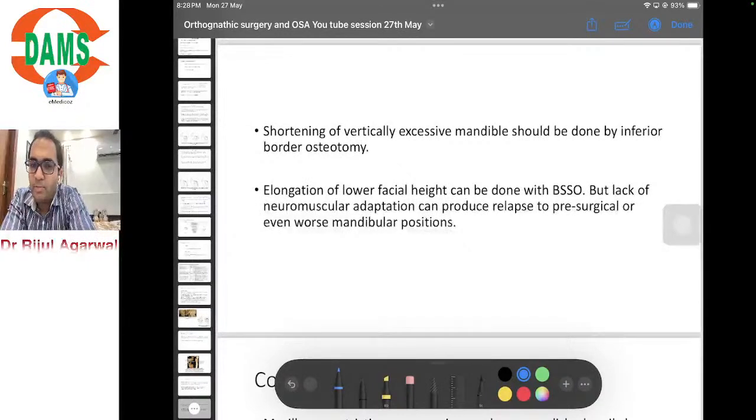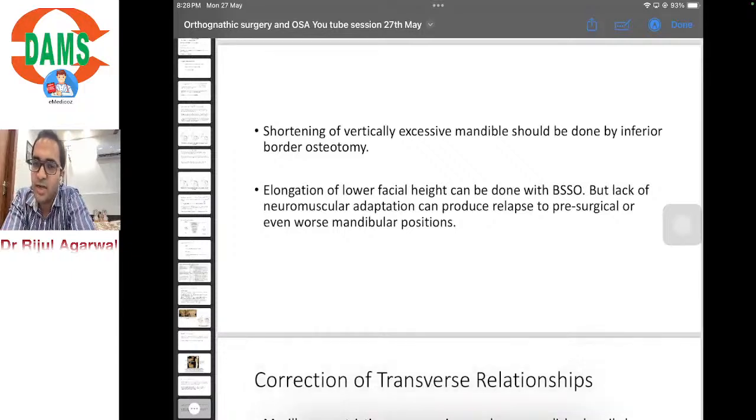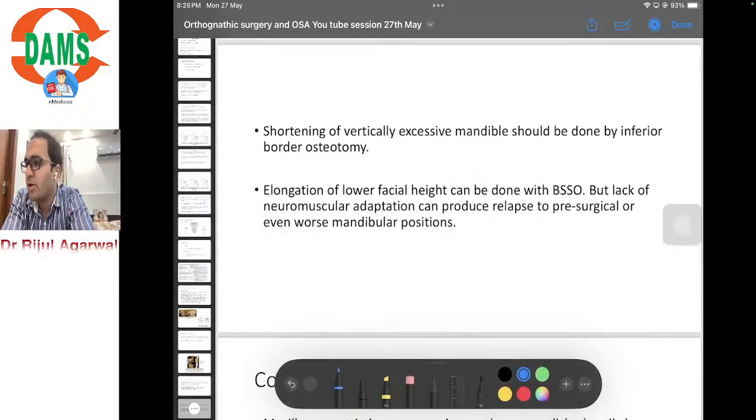For the mandible, if you want to shorten its length in cases of class 3, it is done by inferior border osteotomy, and similarly for advancement of the mandible, BSSO. But as I've already told you, although we can increase the mandibular bone length, we cannot increase the nerve length, so it most commonly leads to relapse to the pre-surgical position.